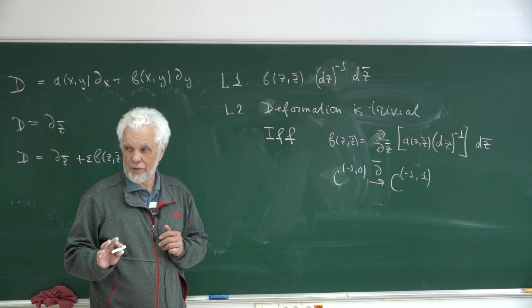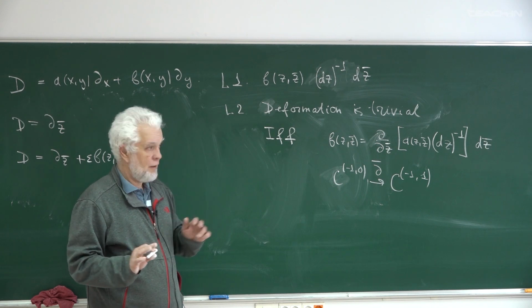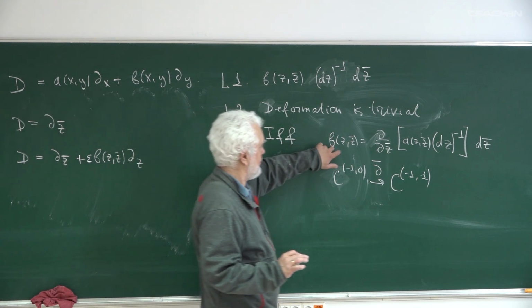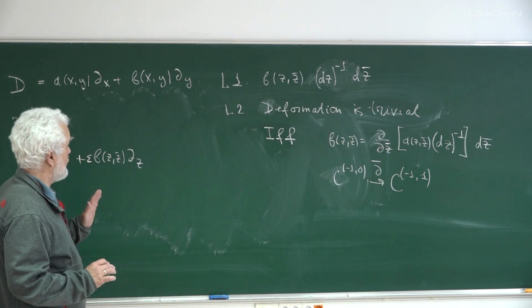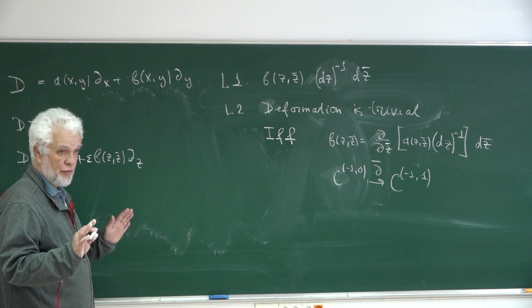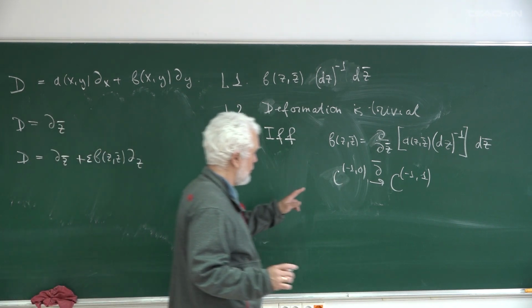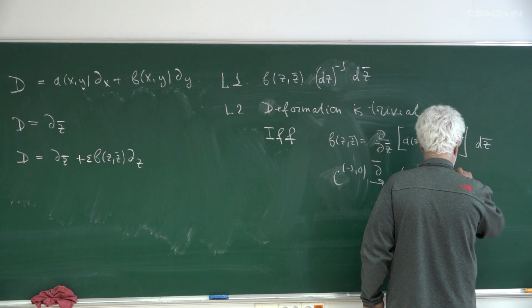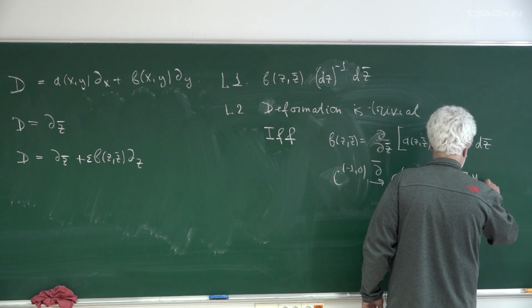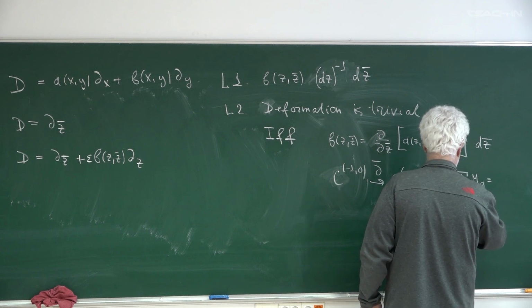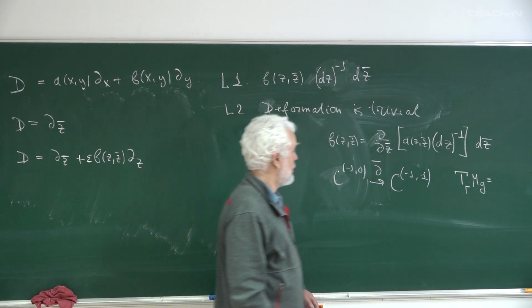We have the Dolbeault operator. Therefore, the moduli space, the tangent space to the moduli space, is a factor of the point gamma.